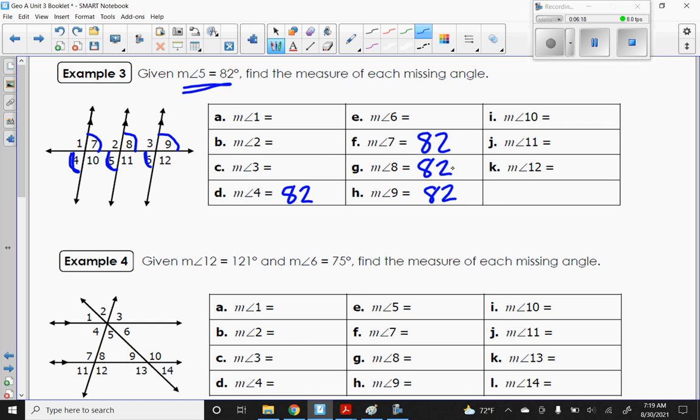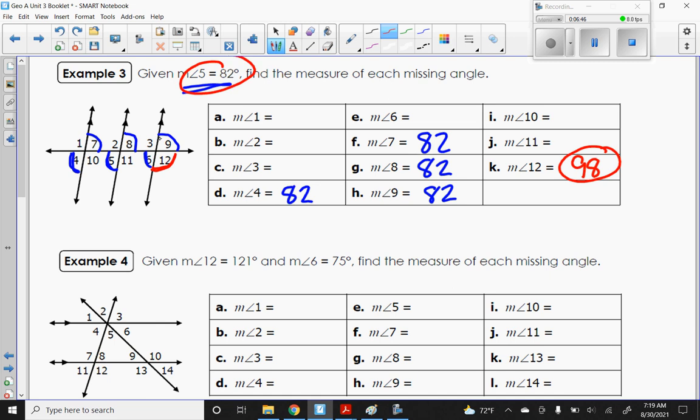All right, so I should have more than that, but okay. All you have to do is create a half circle with one of these. So 12 and 9 create a half circle linear pair, and they add up to 180. So 12 has got to be 98, because 98 and 82 add up to 180.